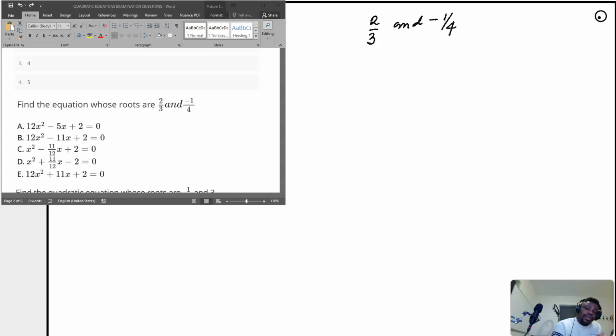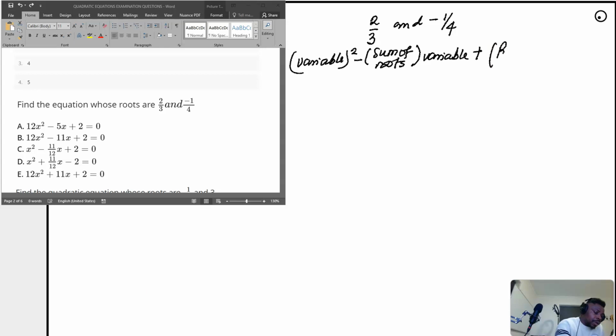Remember, we can use the roots to construct the quadratic equation, and that is variable squared minus sum of roots variable plus product of roots is equal to 0. Because in the options, the variable here is x, so we can use x.